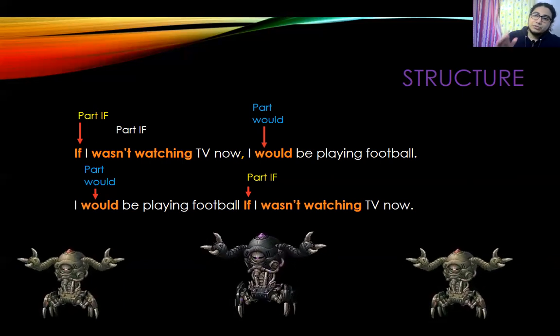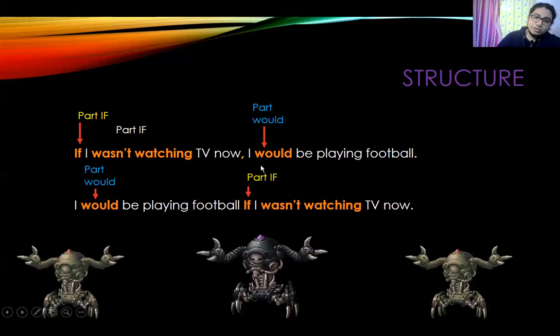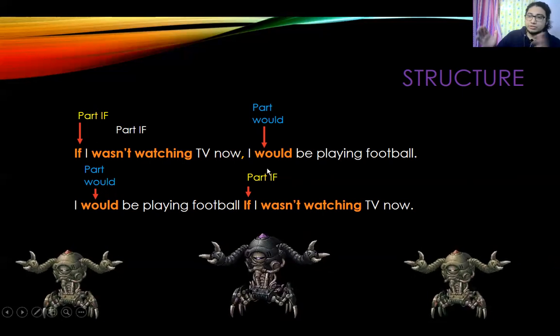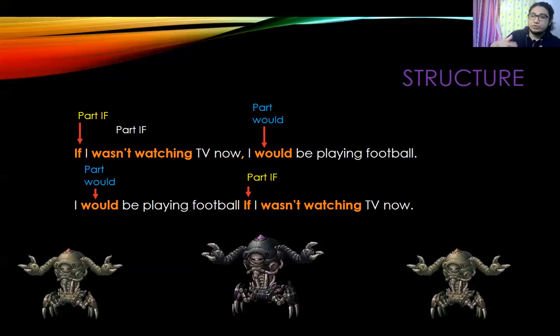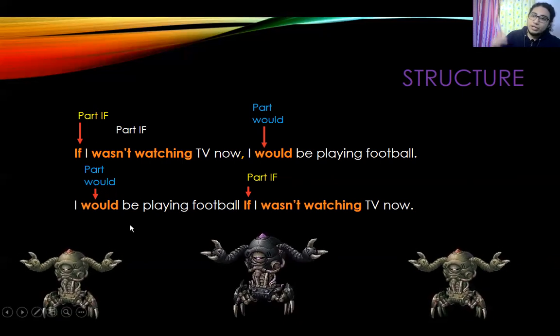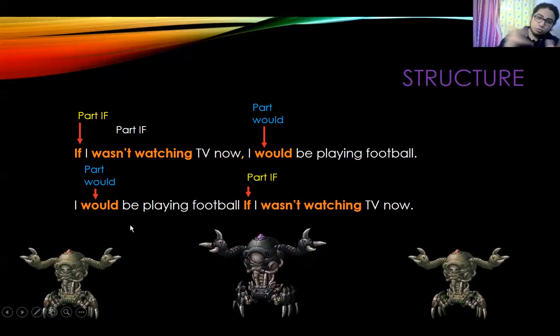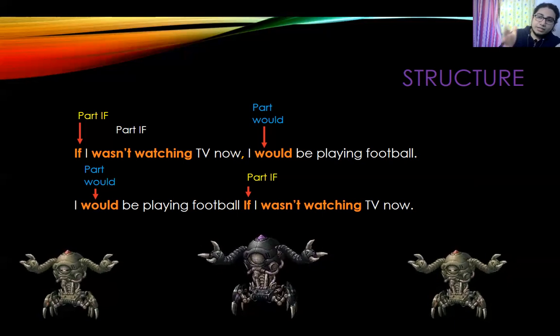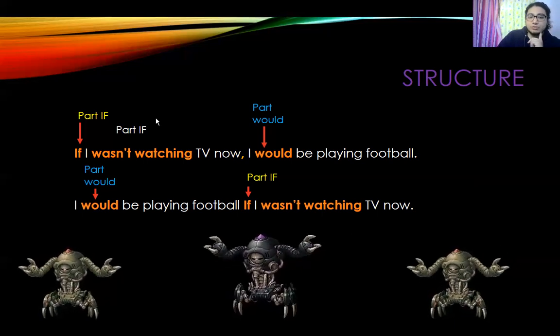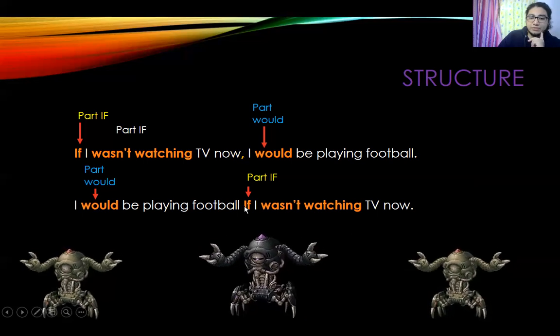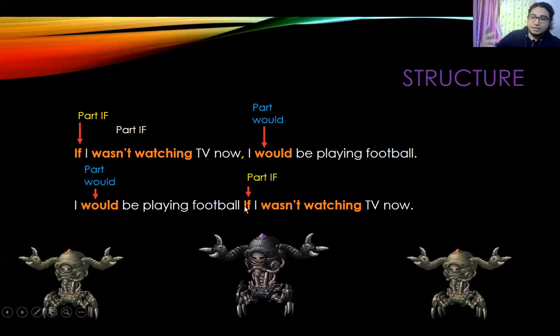But if you start with the if part, you need to use a comma because it connects or separates your structure. The second way to use it is to start with the will part, and then you continue with the if part, but you are not going to use the comma because the if takes the place of that comma.